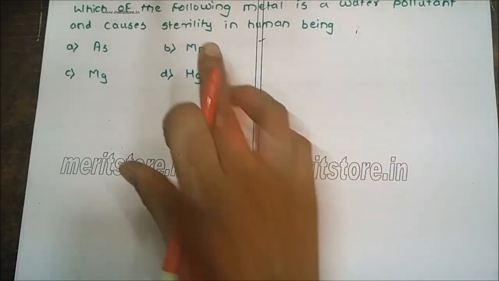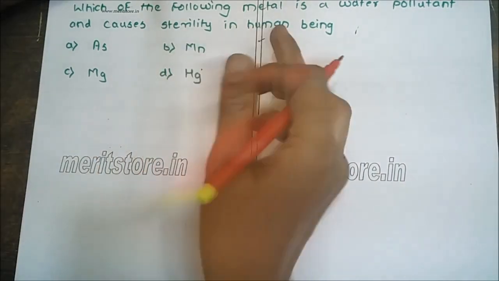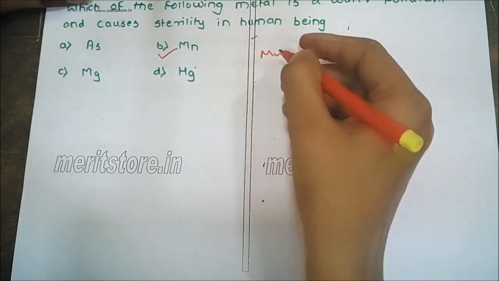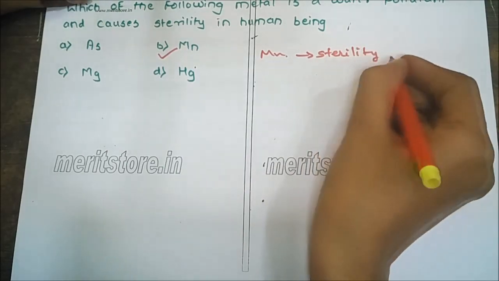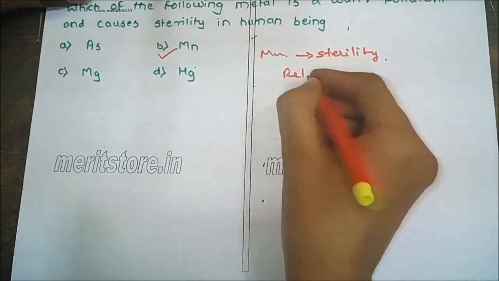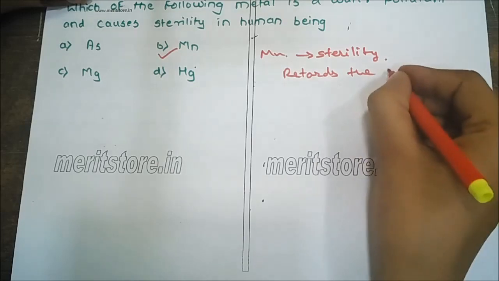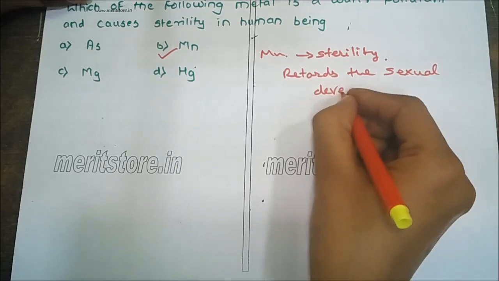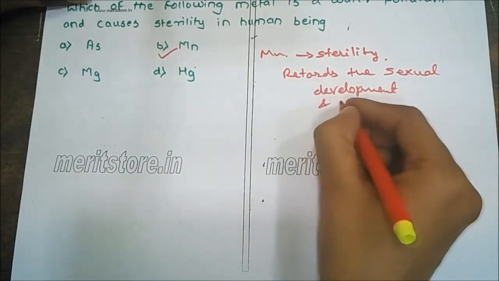Our next question is, which of the following metals is a water pollutant and causes sterility in human beings? It is manganese. Manganese causes sterility in human beings, and it retards the sexual development and affects sperm count.